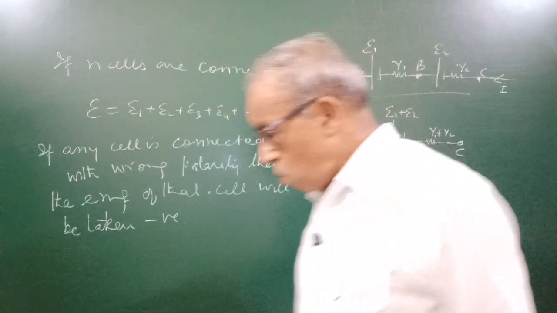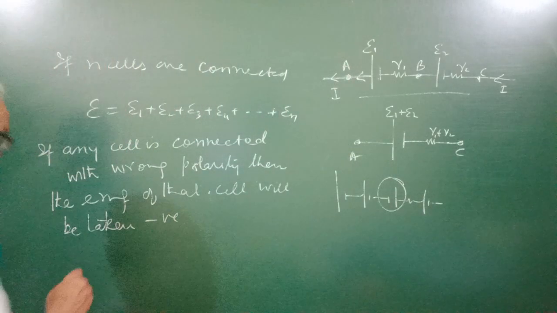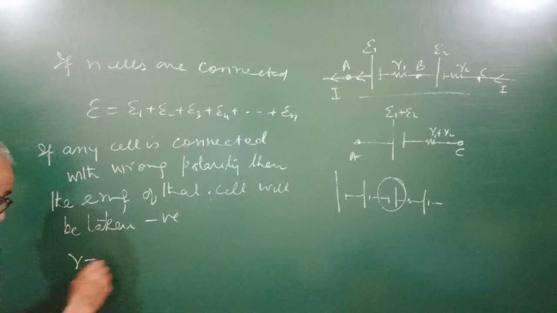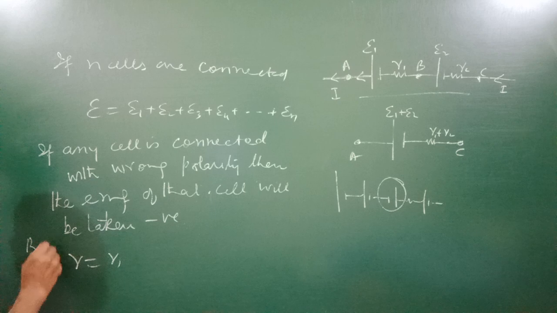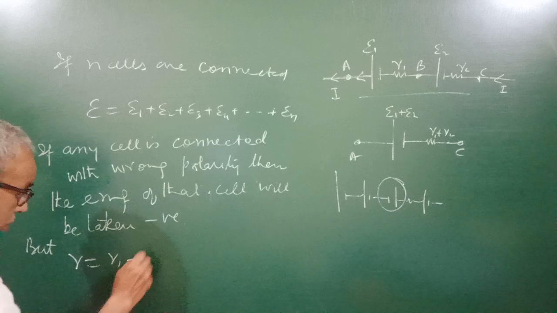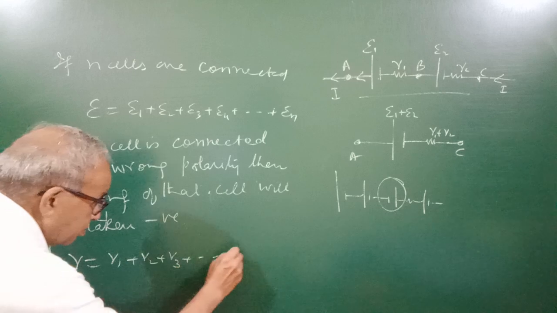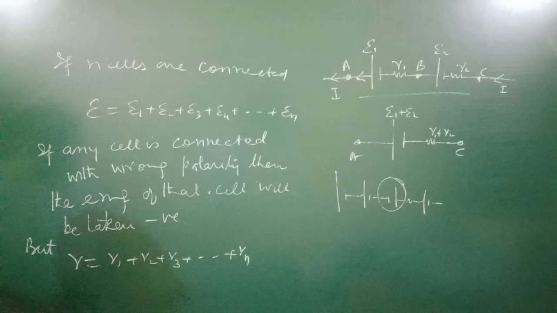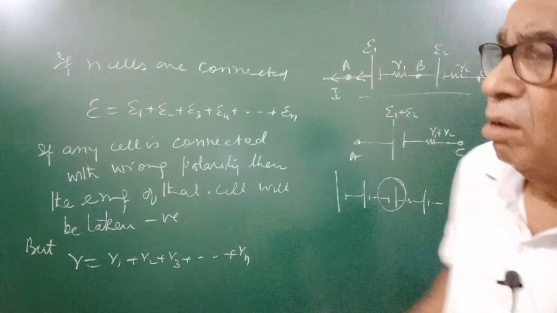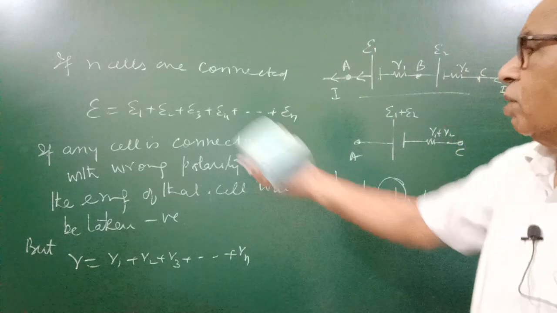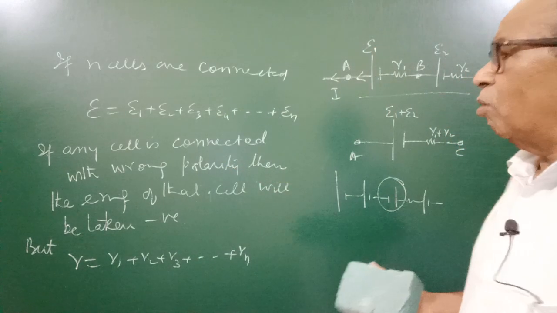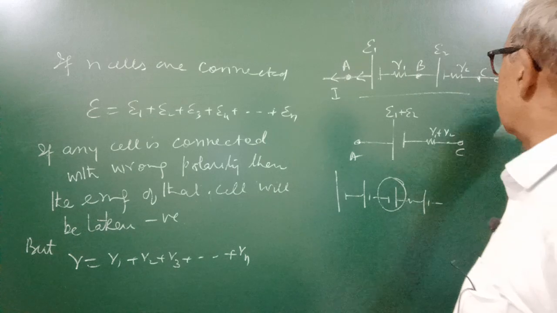But the equivalent resistance R equals R1 plus R2, whether wrong or correct. So if n cells are connected in series, we can find the total EMF by adding the EMFs of the cells and the resistance by adding them.